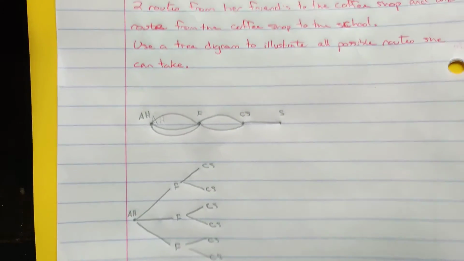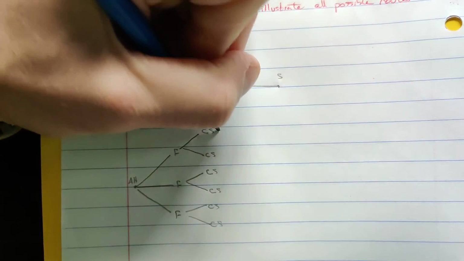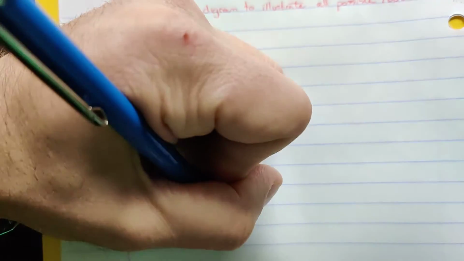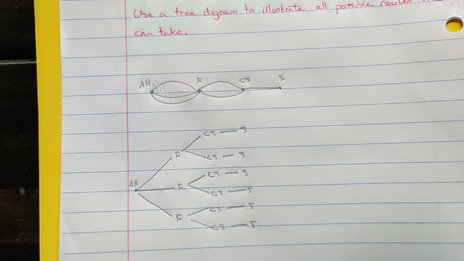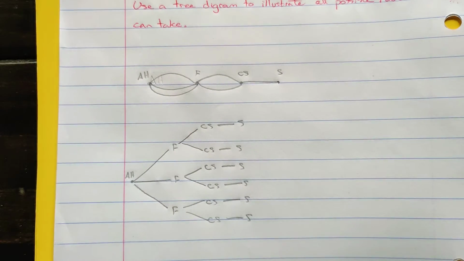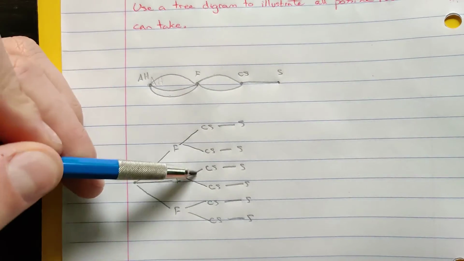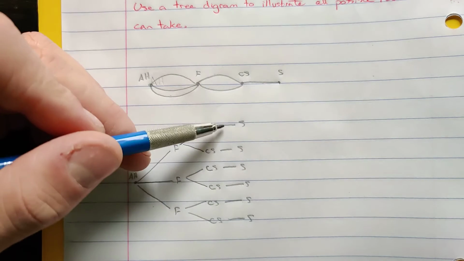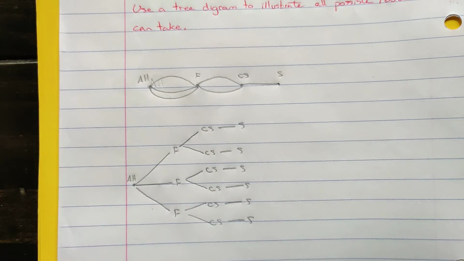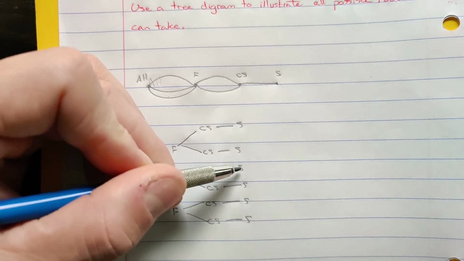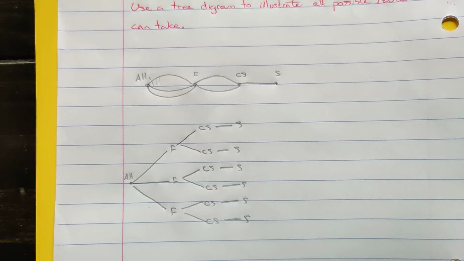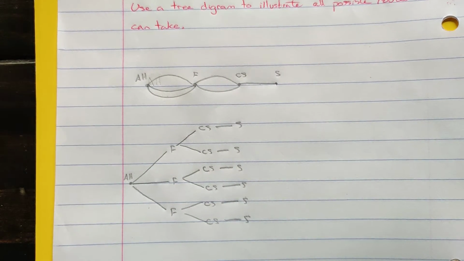And then from the coffee shop to school, she only has 1 path in each case. And so here we've taken that map and illustrated it as a tree diagram. So we see there's our 3 paths, and then from her friend's each time there should be 2 paths, and then to school there should be 1 path. And so there's a total of 1, 2, 3, 4, 5, 6 different paths that she could take to get to school based on that tree diagram.